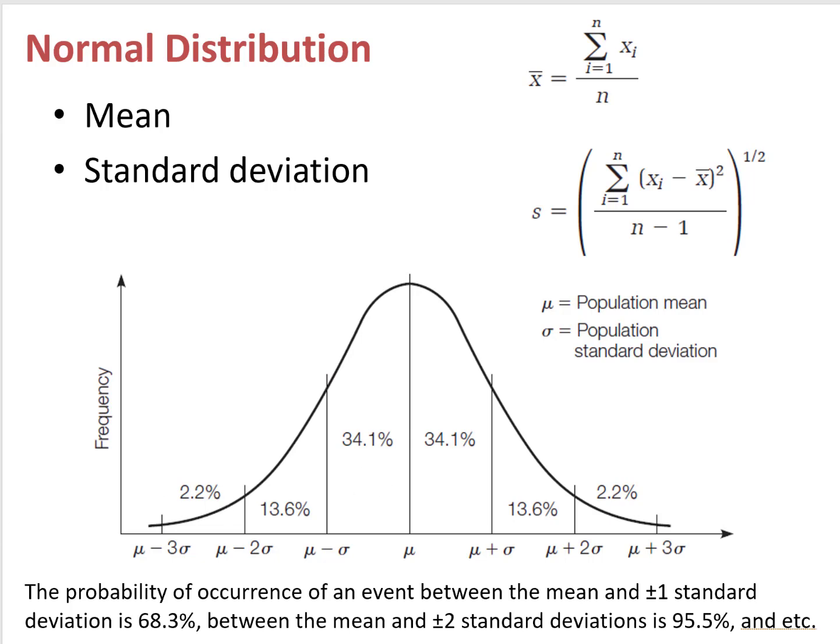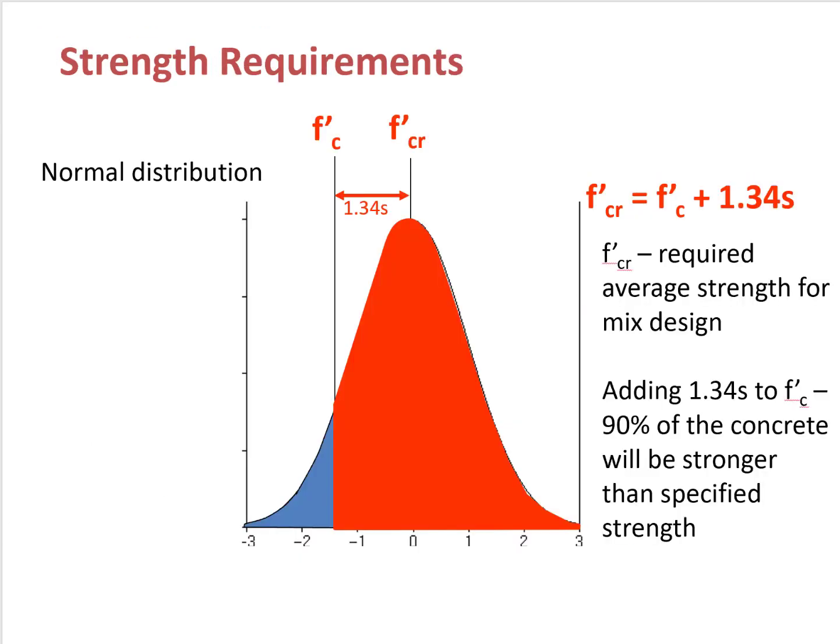So this is exactly what we are doing. So actually we use this formula, f'cr equals f'c plus 1.34S. Use this formula to calculate the required average strength for mix design.